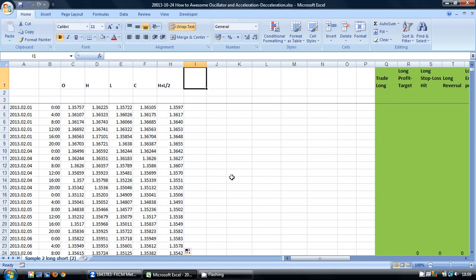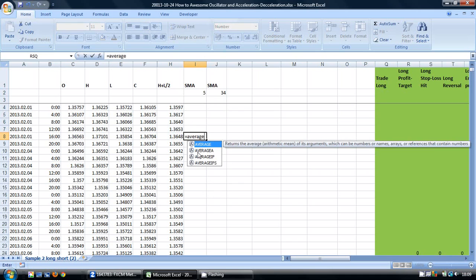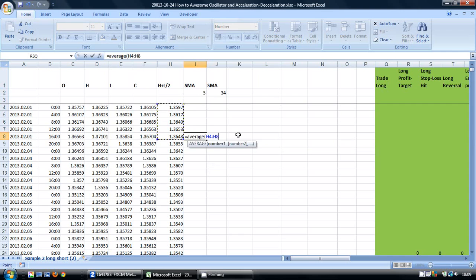In the next cell here I'm going to calculate an SMA of 5 periods, and in the one next to it I'm going to calculate an SMA of 34 periods. So I'm going to take these first 5 cells equals average, and then copy this down.